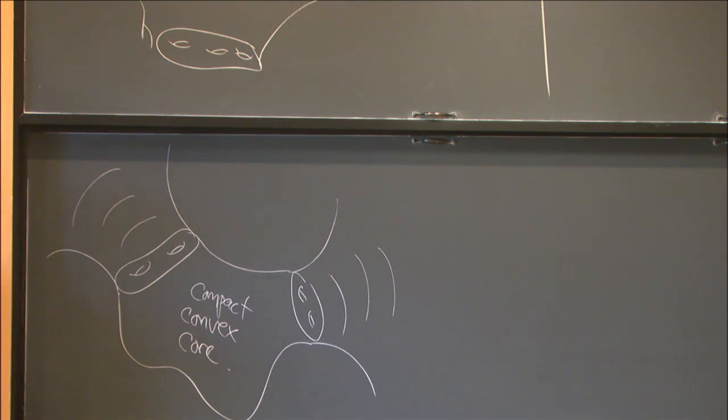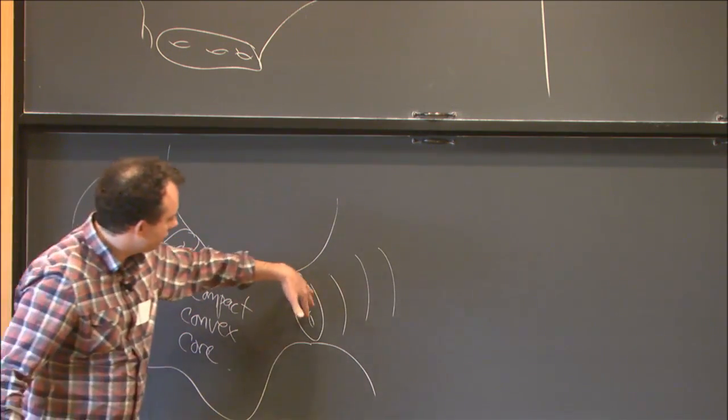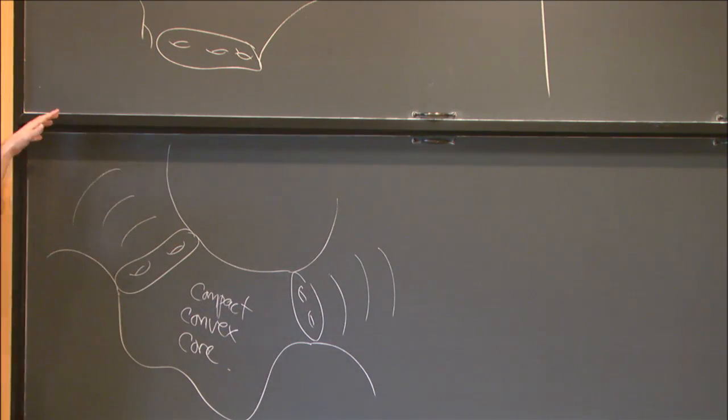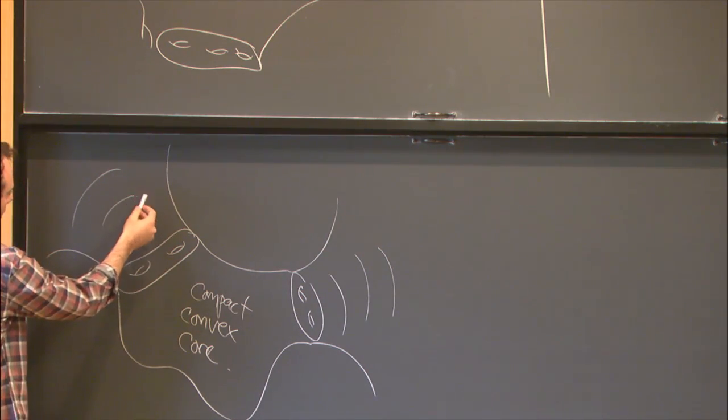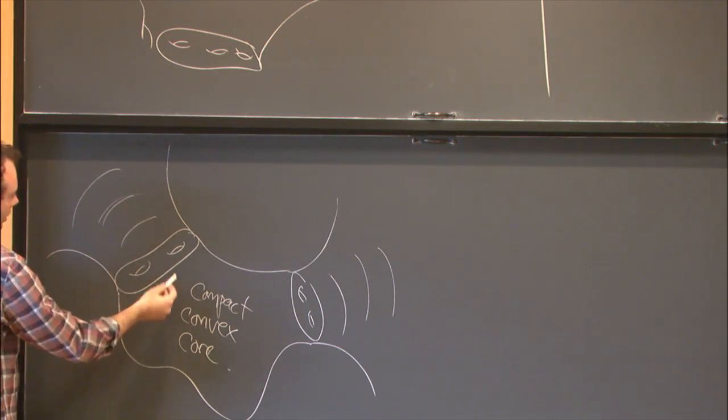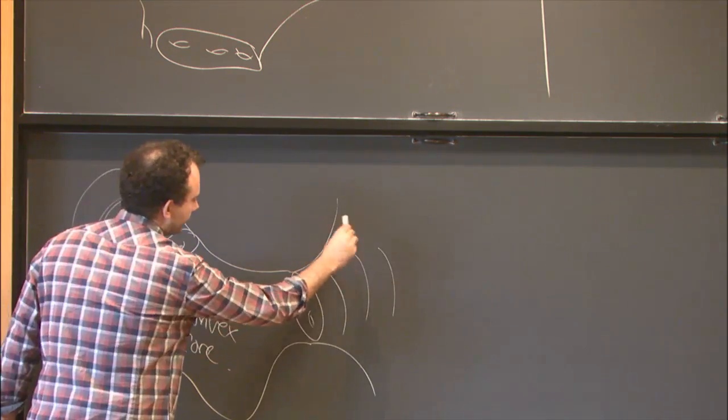This is a compact submanifold where the complementary components are product neighborhoods of the boundary of M. And here the metric on the ends is exponentially expanding, if you will.